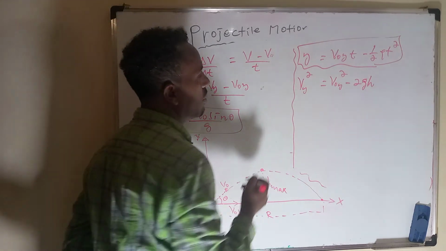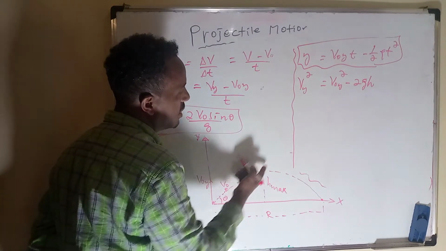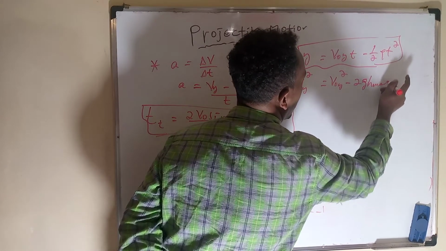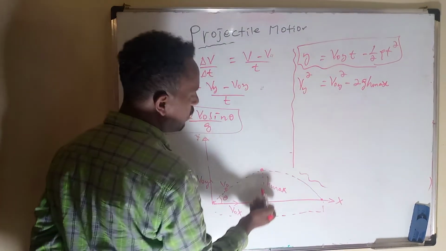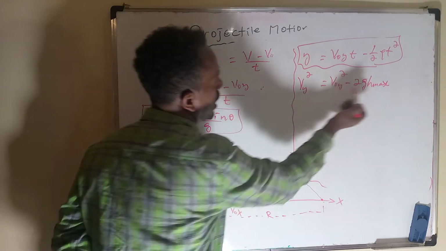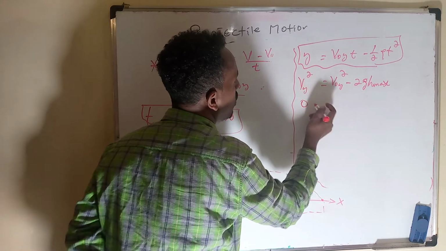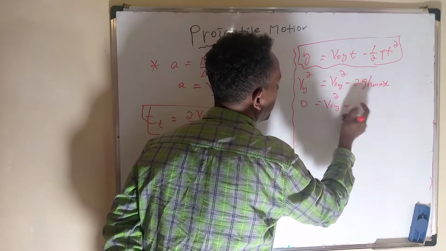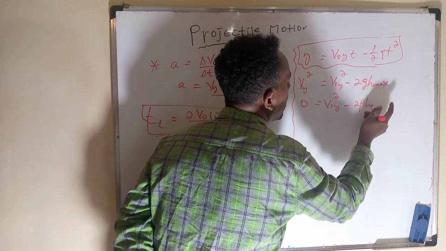Now at maximum height final velocity is 0. If this is h max, h max ከሆነች final velocity at h max 0 ነው የሚሆነው ማለት ነው። ይሄኛው ፓርት 0 ይሆናል at h max. So 0 is equals to v initial square along the y axis minus 2g h max.